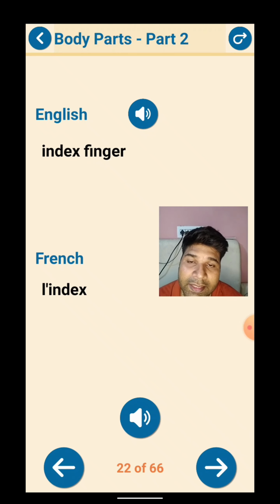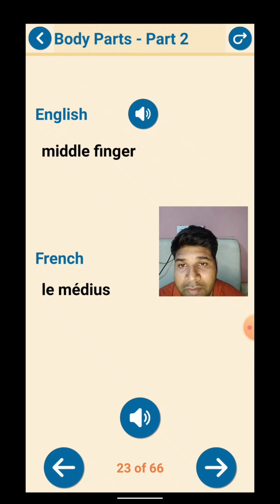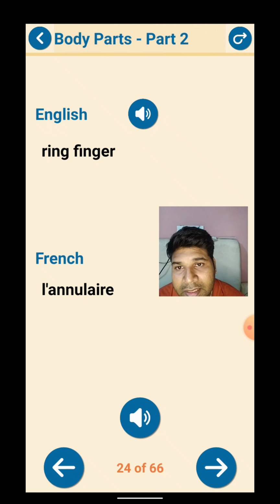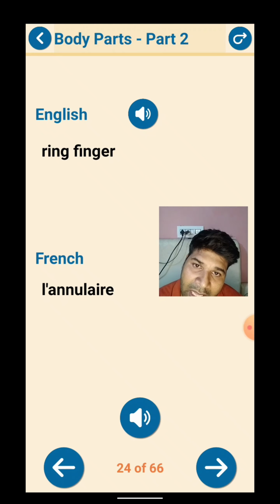Index finger in English, l'index in French. Middle finger in English, le majeur in French. Ring finger in English, l'annulaire in French.